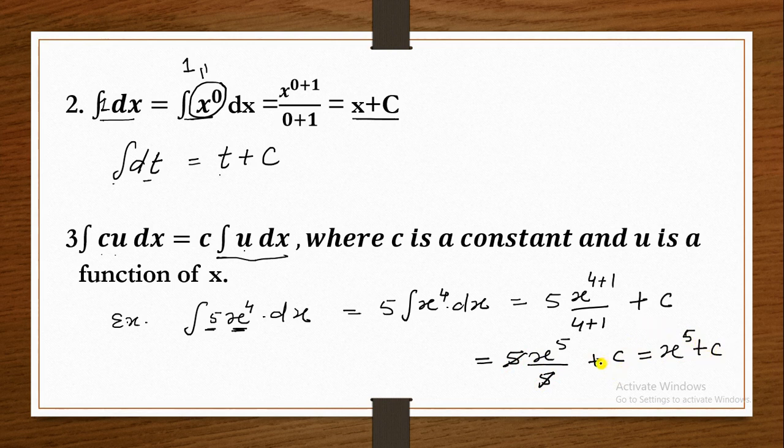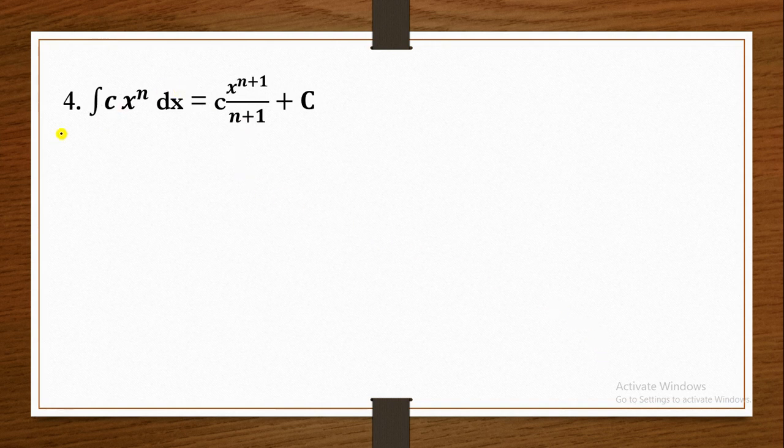Okay, next question. Same as previous. If c x power n dx, means first you write the constant as it is and solve down the integration of x power n.